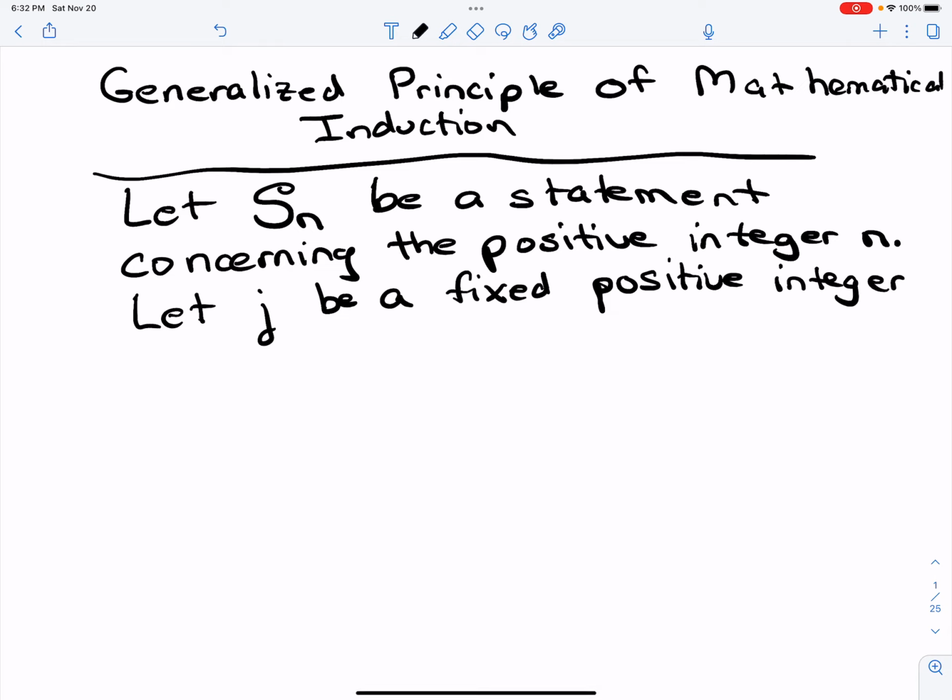You might also see K be used instead of J. Yeah, we're going to stick with J. Okay. Suppose that both of the following are satisfied.